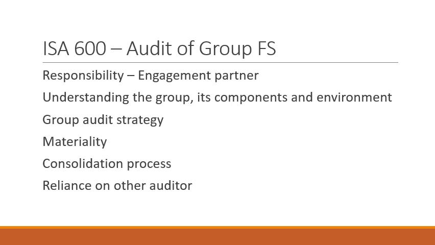So if, for example, there is a dormant company or a small property company that only has a vacant piece of land which the client only intends to develop at a later stage, it could be that after the engagement partner has assessed materiality, those components are assessed as insignificant or immaterial.